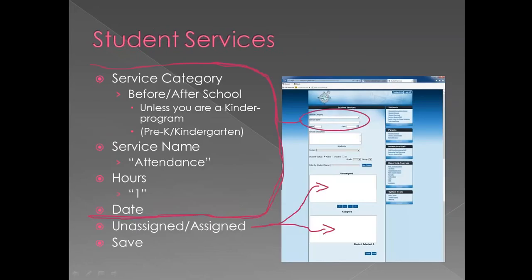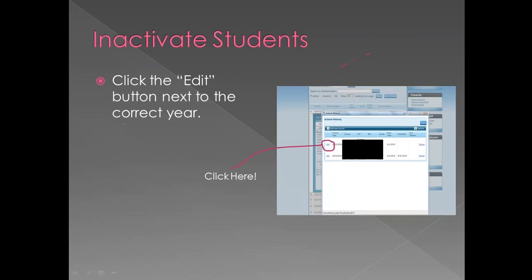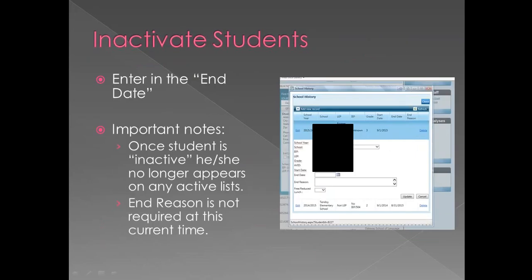So looking back real quick, that's how you inactivate students. And I would highly recommend inactivating students as it comes along. Even if a student drops the program, maybe they drop in November and then they come back in March, I would probably drop that student for that time frame, so that they don't come up on all my attendance sheets, and then reactivate them when they came back.